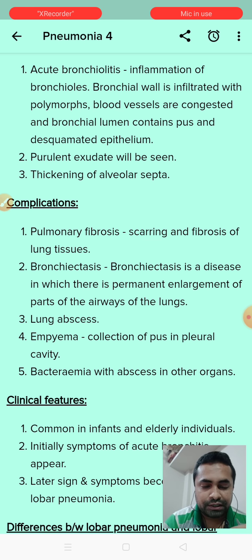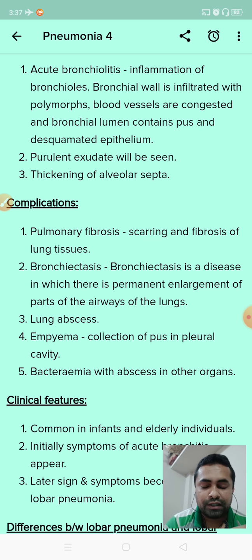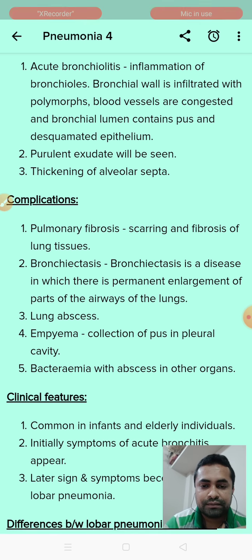These are hard tissues. So the affected part becomes scarred, and there is fibrosis because normal tissues are replaced by fibrous tissues. So there will be scarring and fibrosis of lung tissues, that is called pulmonary fibrosis. It occurs due to the healing process.